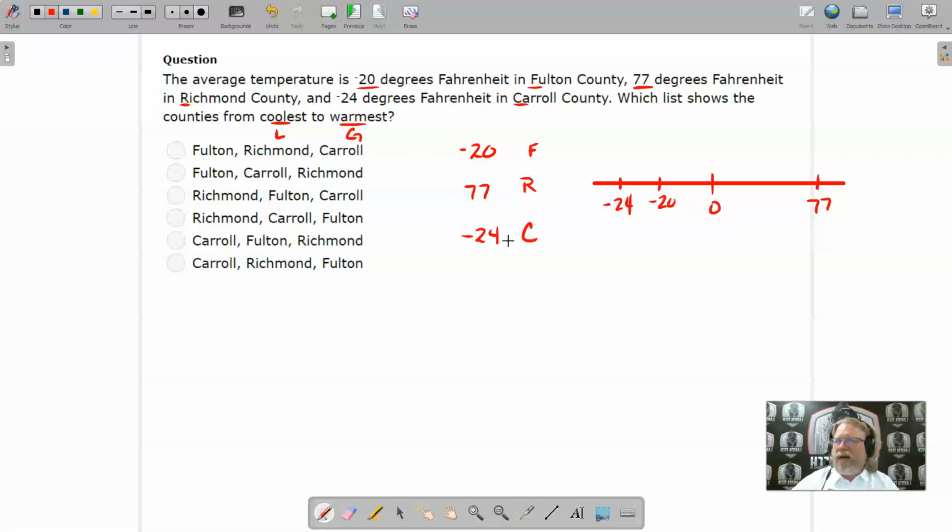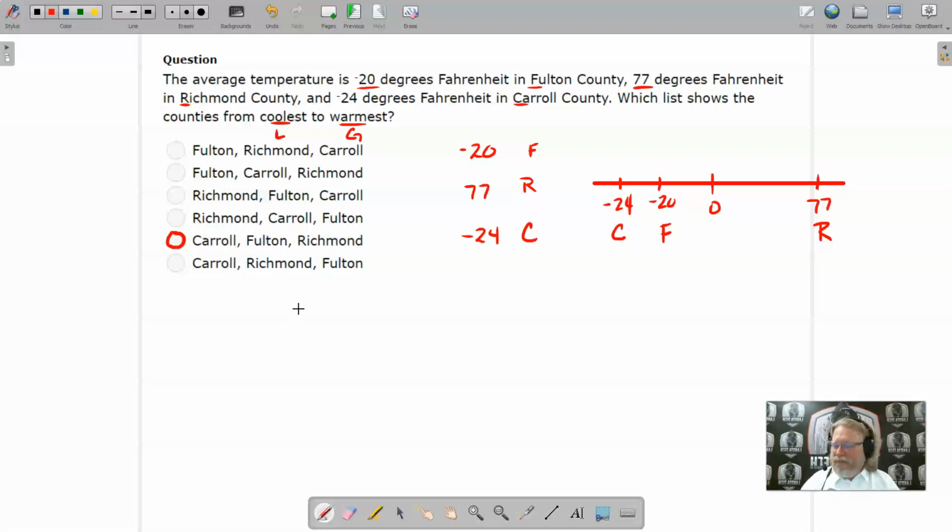So let's take our values and associate them back to those letters that we're using for the counties. So -24 is associated with a C, -20 with an F, and 77 with an R. So we're looking for CFR, or another way to say that is we're looking for Carroll, Fulton, Richmond. And again, it is the fifth answer, second from the end.